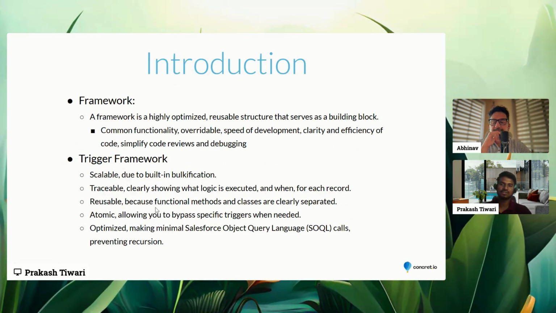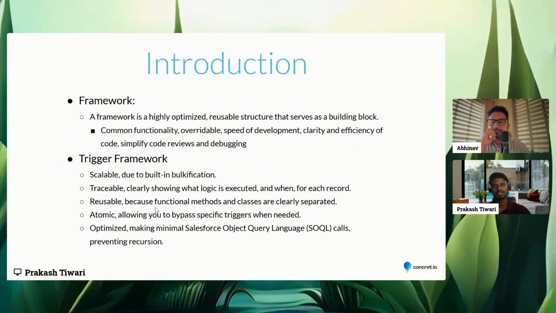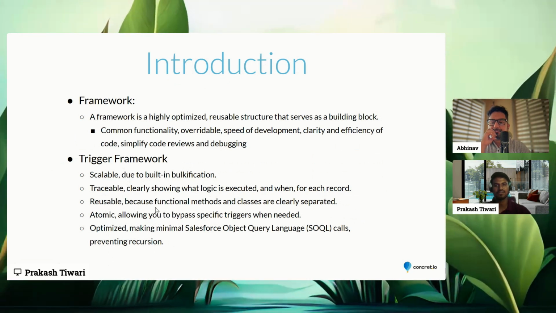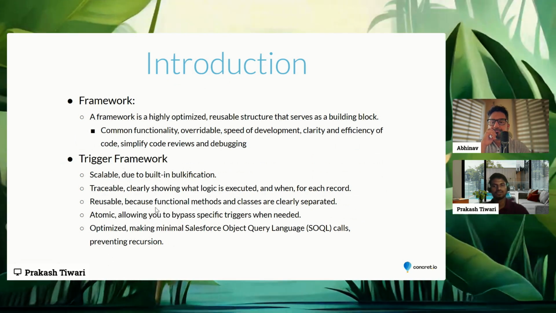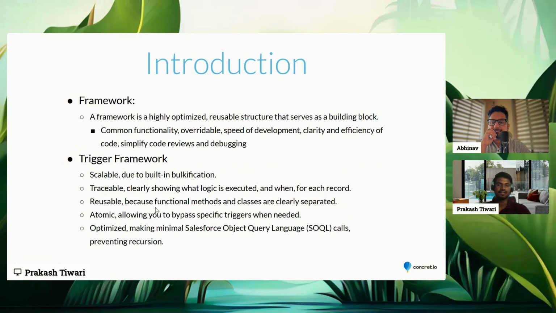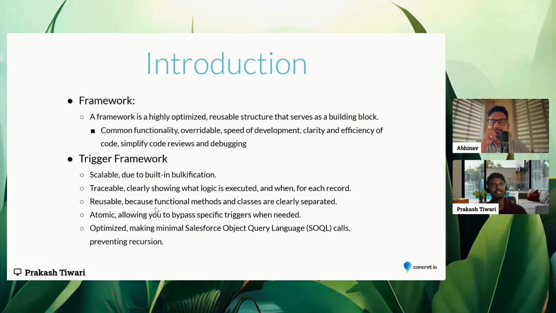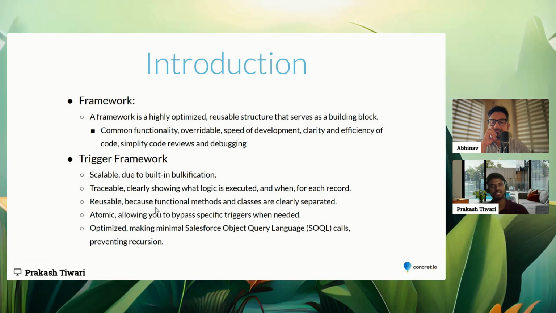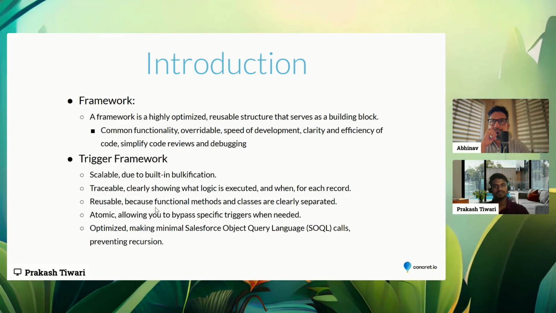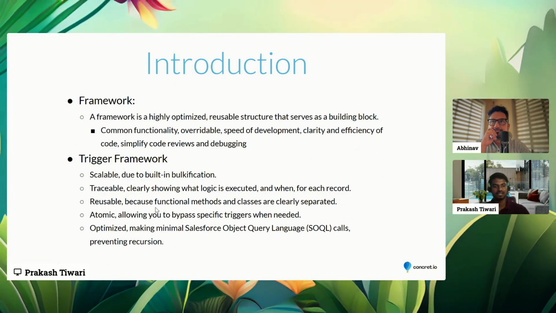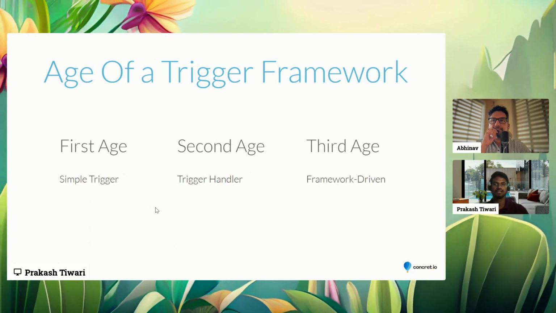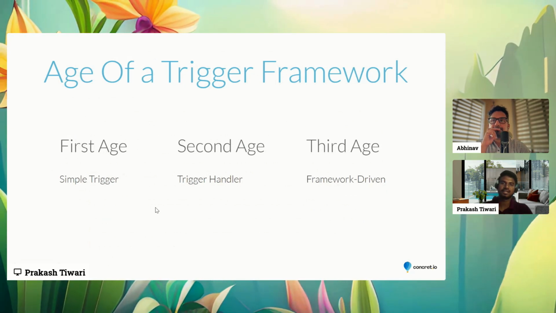So these are all the capabilities we should at least have in the trigger framework. So I think I'm clear here about the common features we need in the trigger framework. So let's go into the trigger framework.